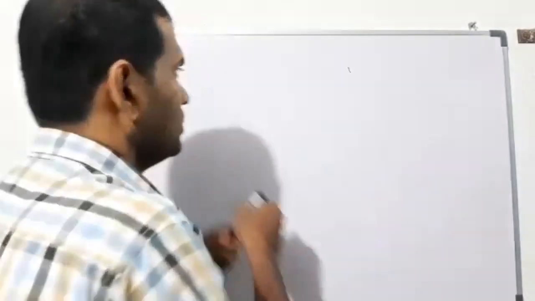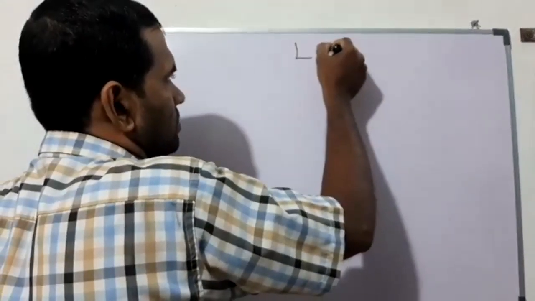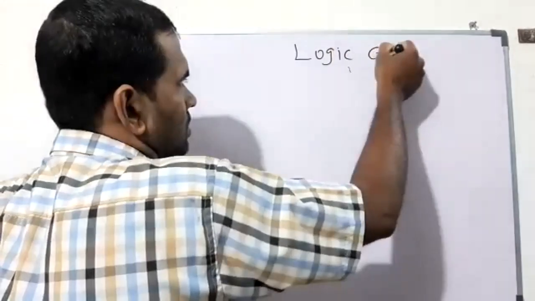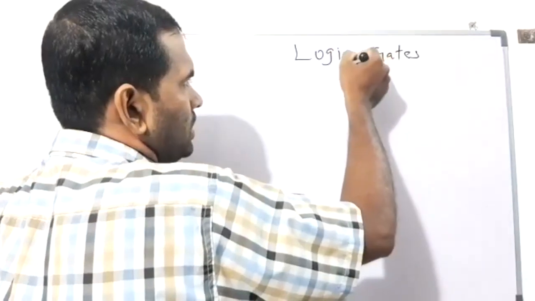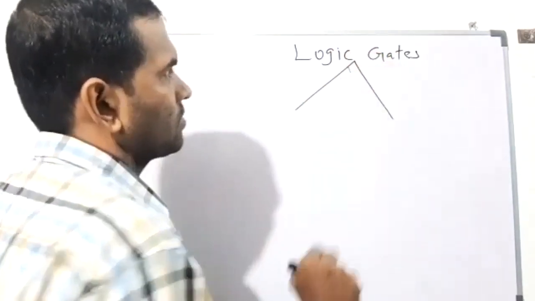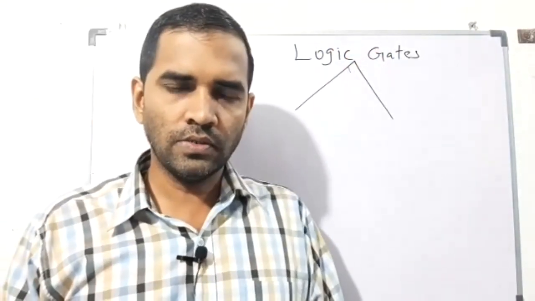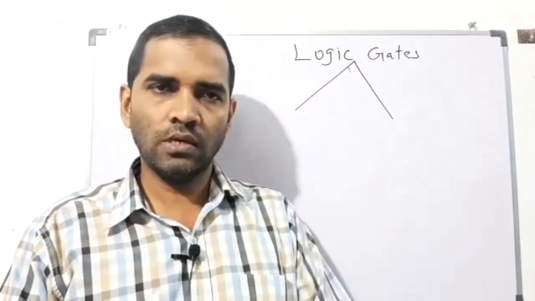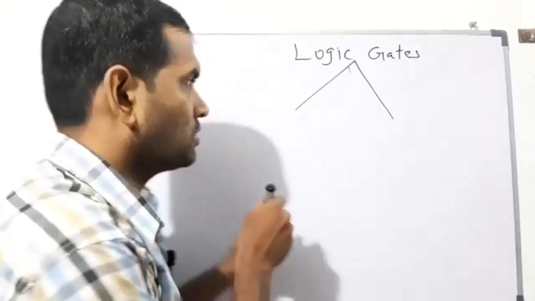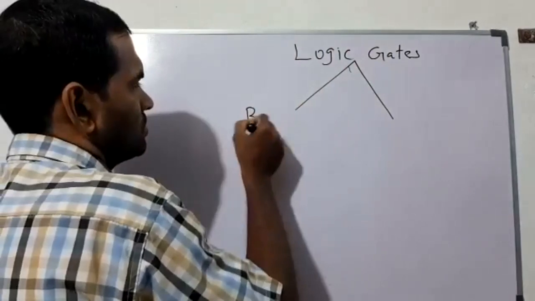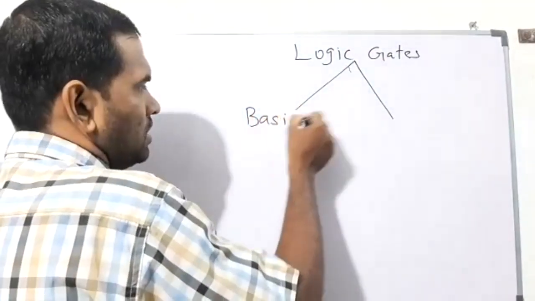So basically, all the logic gates are divided into 2 categories. Logic gates used in electronic devices can be divided into 2 types. The first type is called basic logic gates.